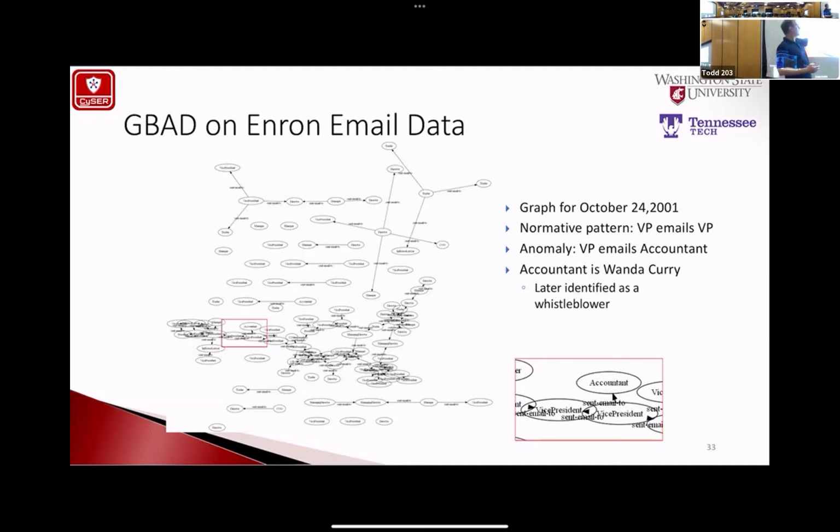When we feed this into GBAD, it identifies this email from a vice president to an accountant as something it didn't expect to see, in the context of all the other emails. Vice presidents usually don't email accountants, it's usually the other way around, or vice presidents are emailing other vice presidents, accountants other accountants. It turned out that this accountant was the whistleblower, Wanda Curry, who exposed the fact that Enron was in a lot of trouble.